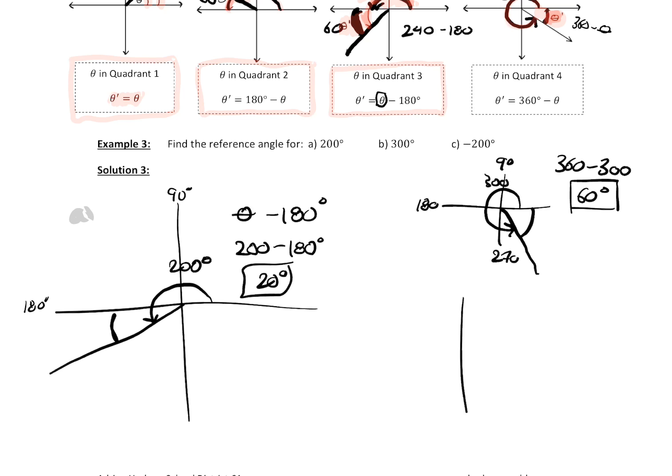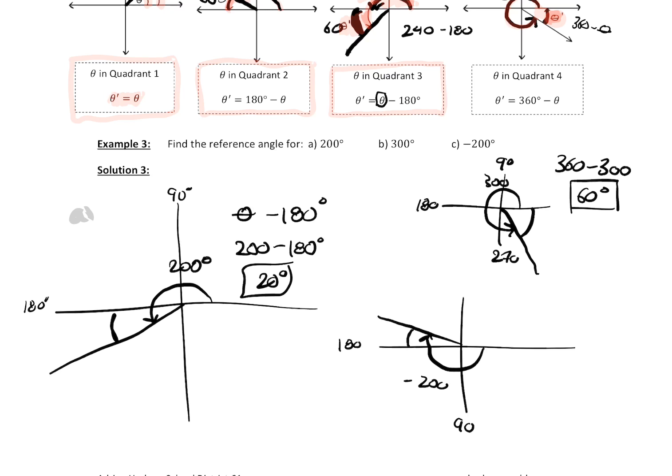Now for C, same scenario, except I'm going negative. So it would be 90, 180. You'd be negative 200 this way. Negative 200, right? Well, what does that tell you? Negative 200, I don't want negative values, right? I don't necessarily want to know what this is anyways.